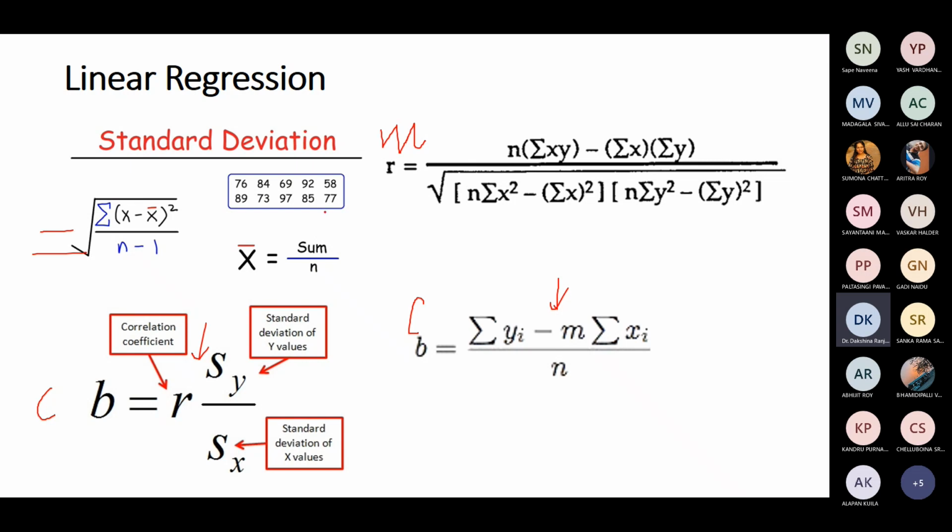Now we have determined slope and intercept, these two model parameter values, from these formulations. For the coming years, if we consider this equation mx plus c, c is determined, m is determined.